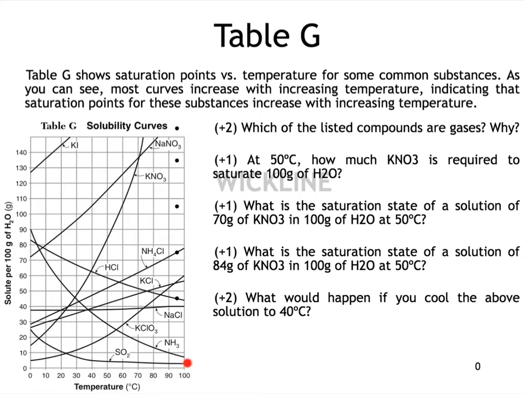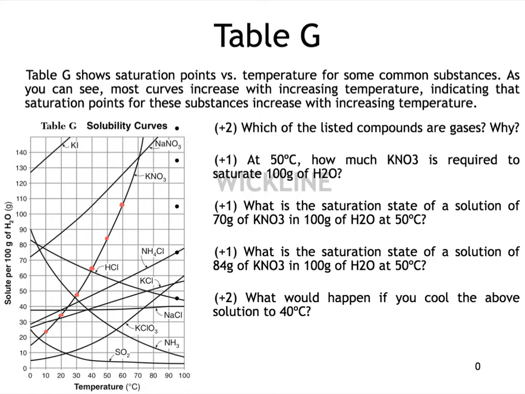And he would basically see how much potassium nitrate he could get to dissolve at 10 Celsius, at 20 Celsius, at 30, at 40. And he would find that he could get certain amounts to dissolve. Like at 10, he could get that much. At 20, he could get that much. At 30, this much. And all the scientist would have to do at that point is connect these data points with a smooth curve.